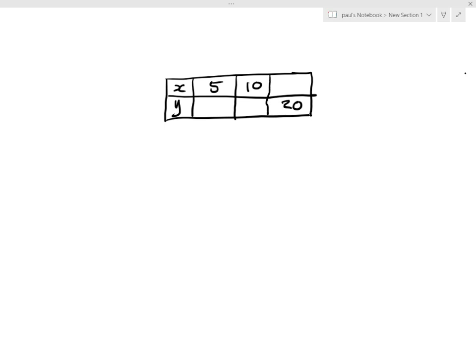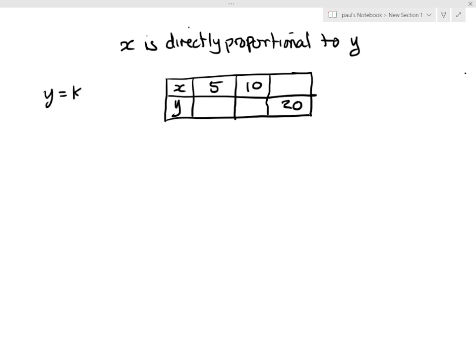Okay, so we could say x is directly proportional to y. Now, directly proportional is, as we did in the first little bit, y equals kx. And if we jiggle that around, we always need to find the constant first.